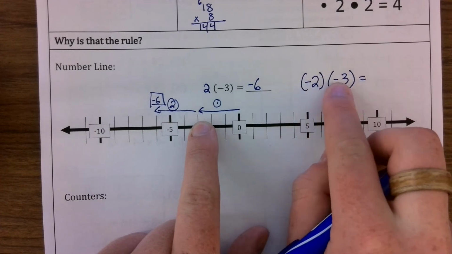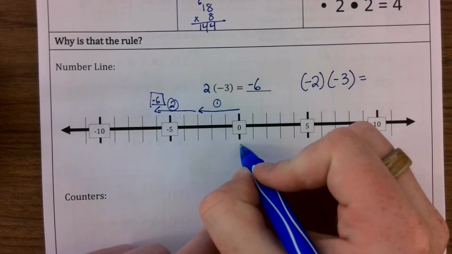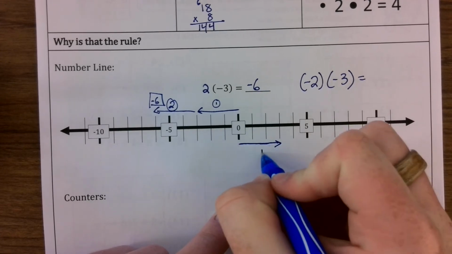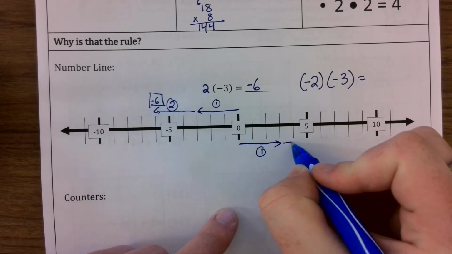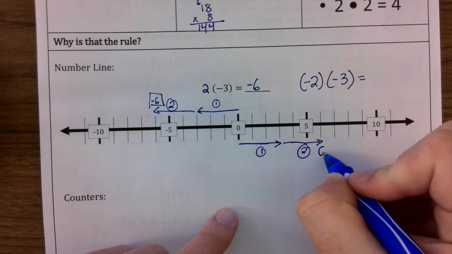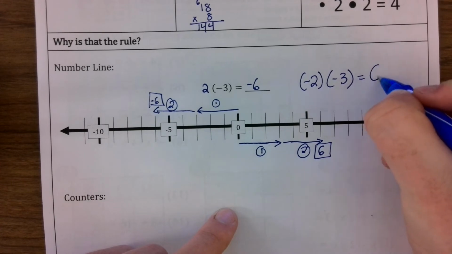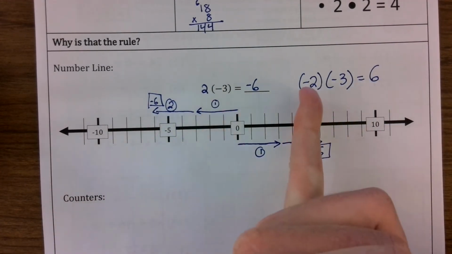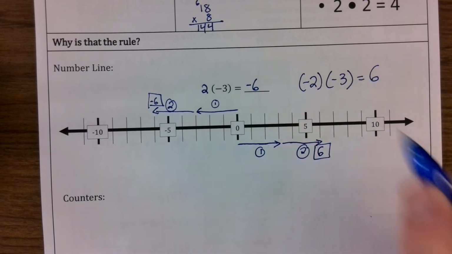This negative cancels out this one. So we end up going negative 3, 1, 2, 3, the other direction, 1, 2, 3, and we end up at positive 6. So one negative stays in play, two negatives cancel each other out and make our answer positive.